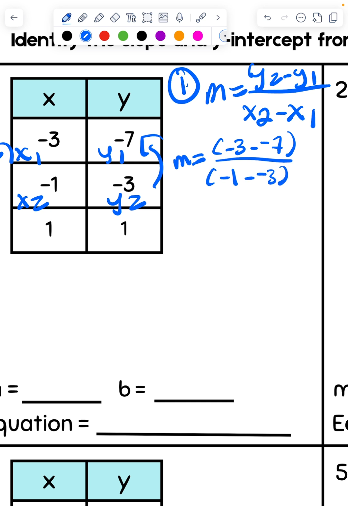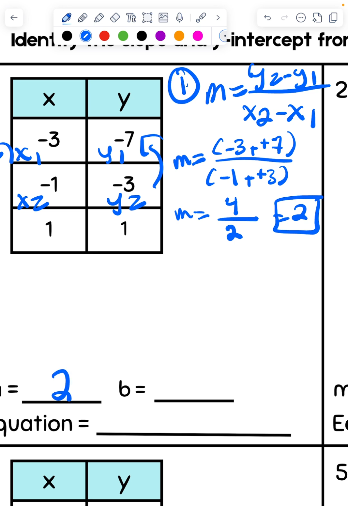I'm going to put all of this in the calculator just like that. And when I do, I know minus and negative is a positive. So that means -3 plus 7 is 4 over -1 plus 3, which is 2. 4 divided by 2 is 2. Easy Stevie. 2 is my slope.